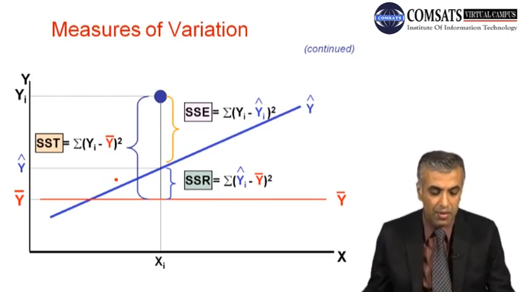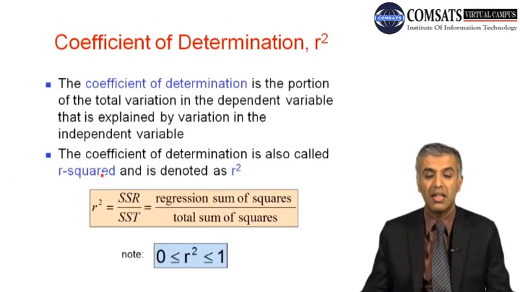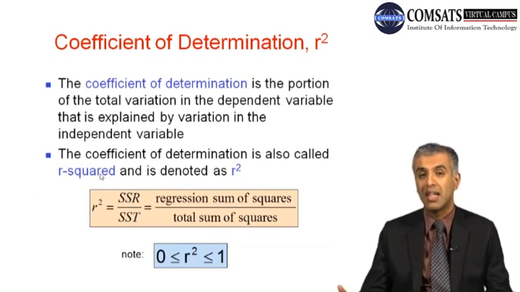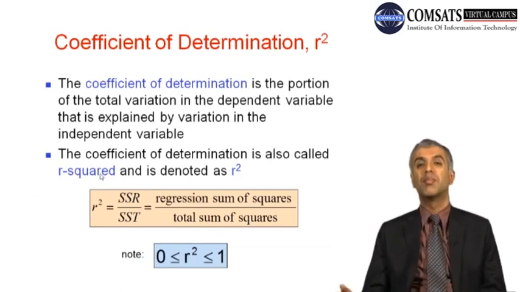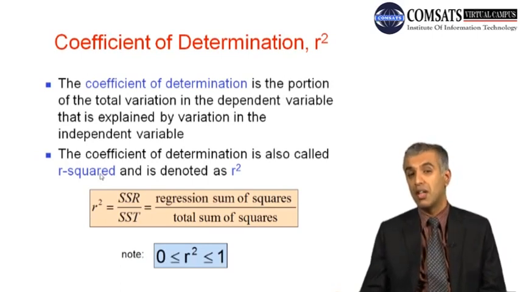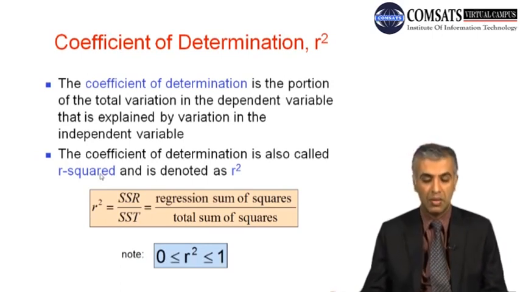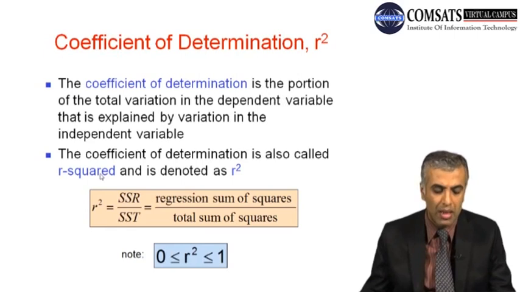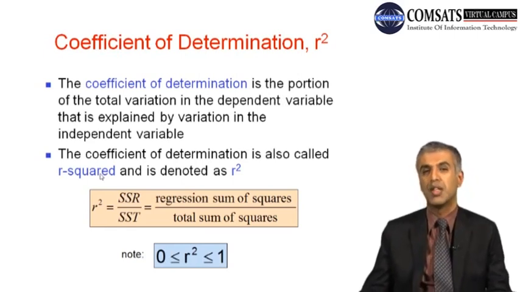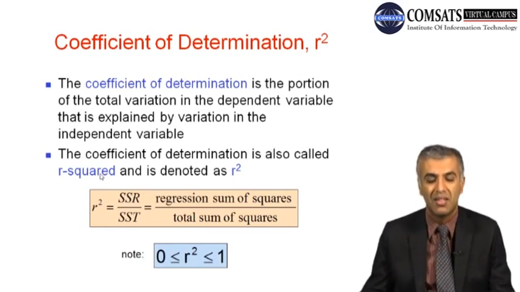So based on this, we basically discussed how we can calculate the coefficient of determination, which gives us the strength of relationship between two variables. This whole value of R square and this concept is based on these measures of variation, which makes such a concept very important for us.